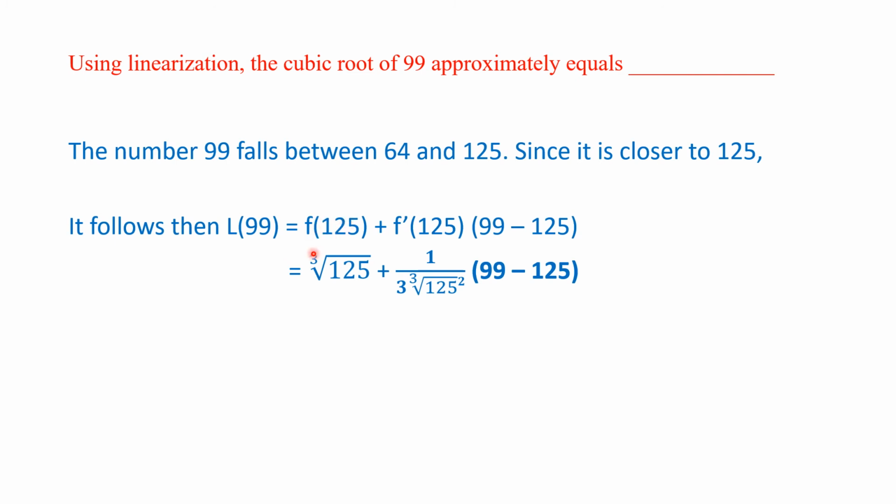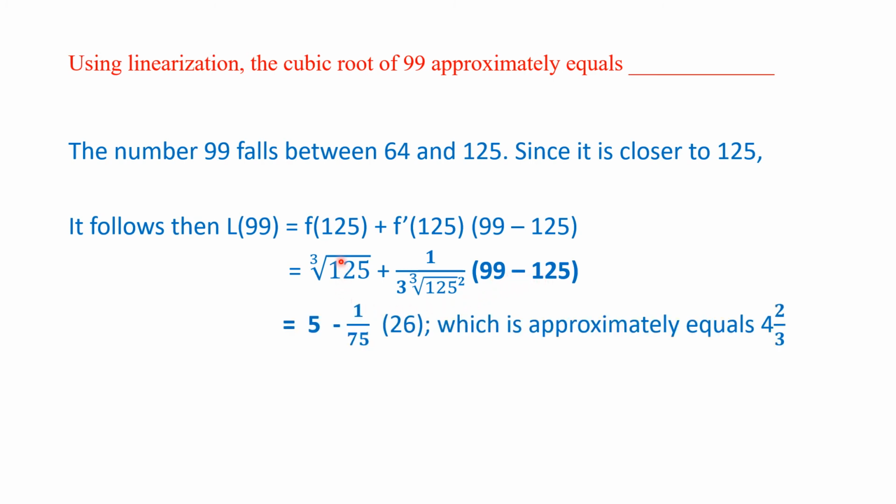Now f is the cubic root, so this equals the cubic root of 125 plus f prime of 125, which is the derivative of the cubic root, and that gives us 1 over 3 times the cubic root of 125 squared, multiplied by x minus a, which is 99 minus 125. We do the math correctly. The cubic root of 125 is 5, and f prime of 125 evaluates to 1 over 75.